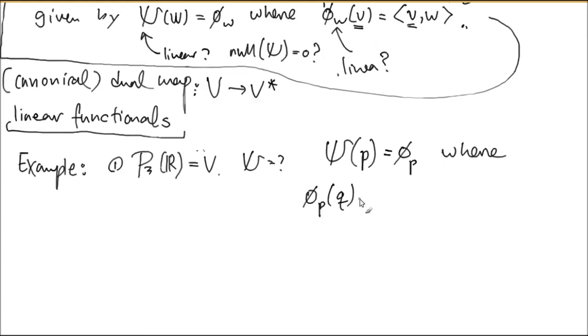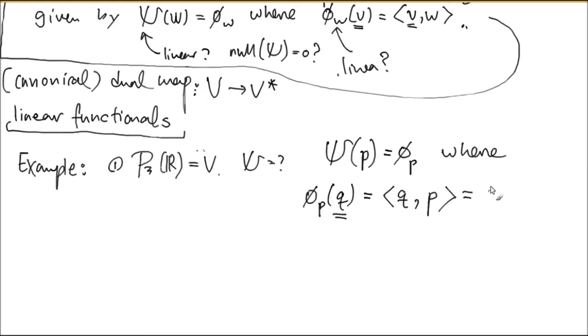Okay, so what was the definition again? Phi P of Q. Remember this one? It was the inner product, right? Where does the P go? Front and back. Back here. Because it has to be linear on Q, the scalar linear part, we have to put it in there. So that's the definition of this linear functional. Phi P of Q. All right, what was the usual inner product that we defined in here?